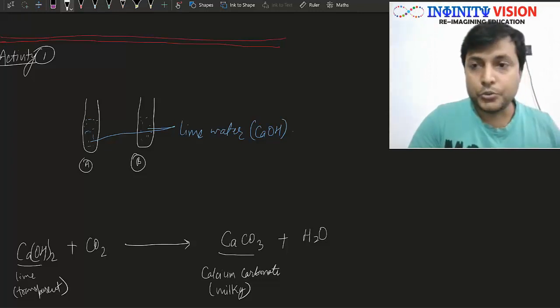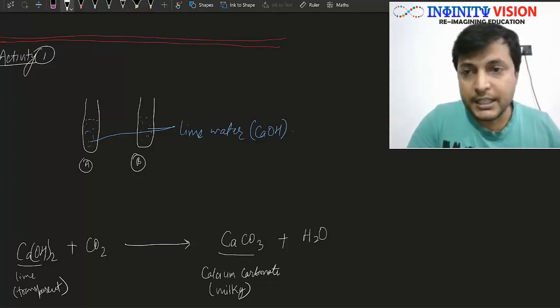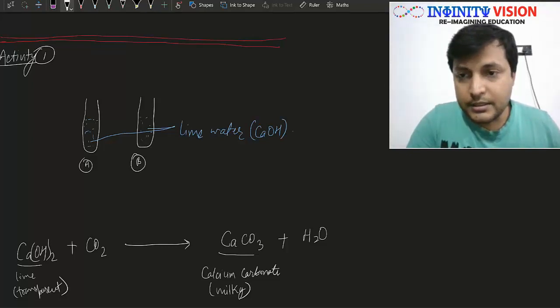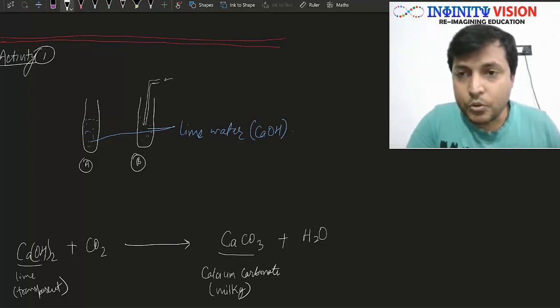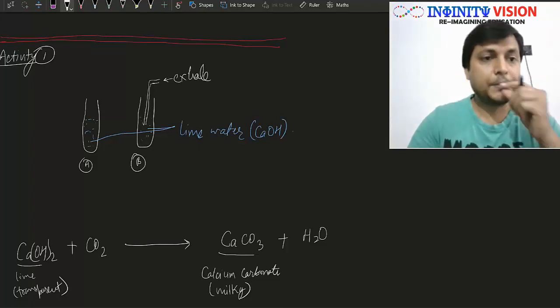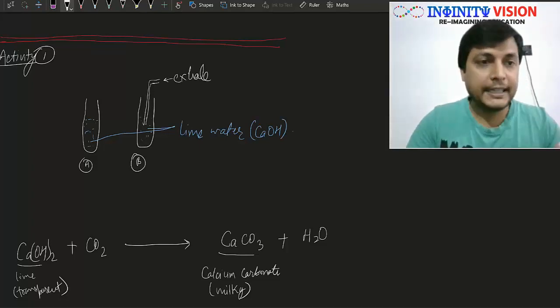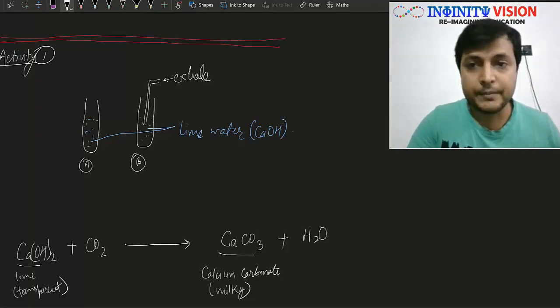To do that, in this second test tube, we are going to put a pipe, and in this pipe, we are going to exhale. So we will take this pipe and exhale the air.